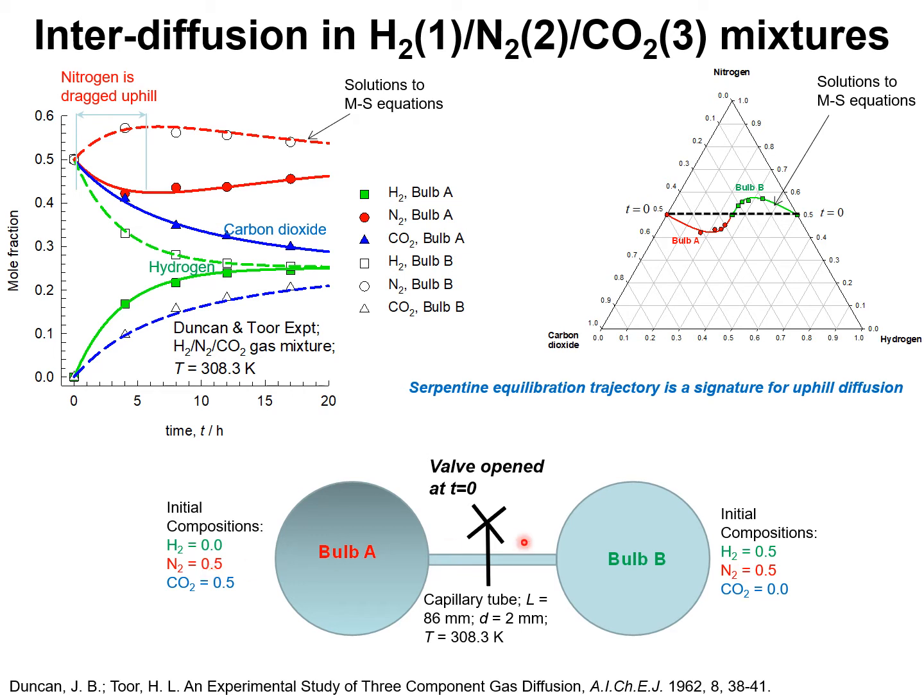In other words, there is no driving force for nitrogen, and yet this does not prevent nitrogen from diffusing. For example, in bulb A, the composition decreases from the initial value of 0.5 and continues to decrease till this point is reached, and then it increases in value.